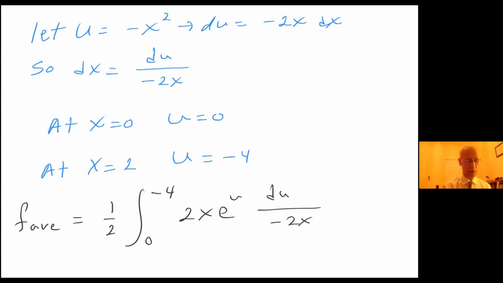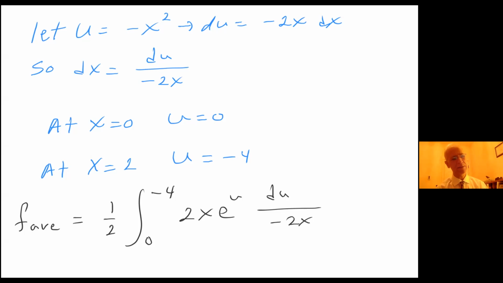So now I'm going to change the boundaries from 0 to -4, and I have 1/2 times 2x e to the u times du over -2x.